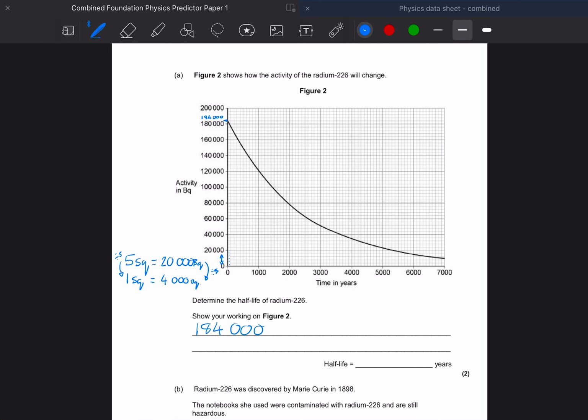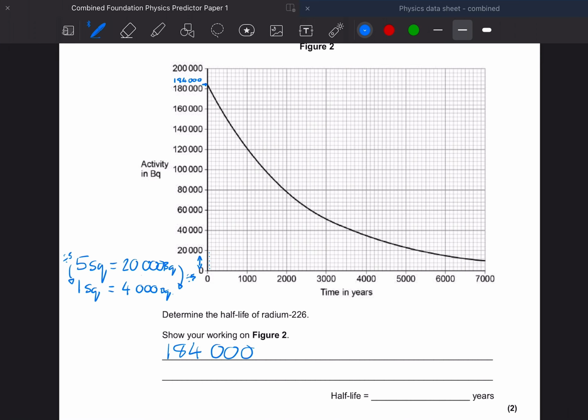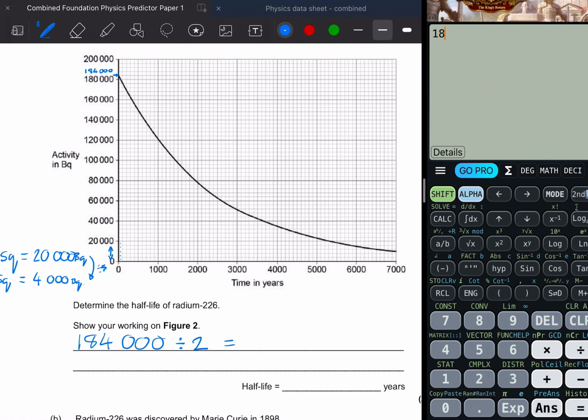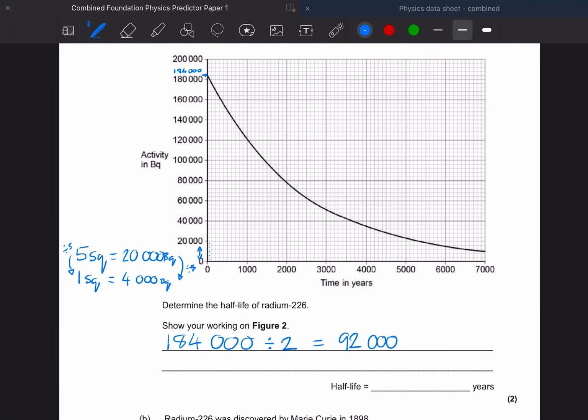Now, what half-life means is it's the amount of time it takes for the starting value of radioactive particles or activity to halve. So what would be 1 half-life? We halve it. Let's get our calculator. 184,000 divided by 2 gives us 92,000.